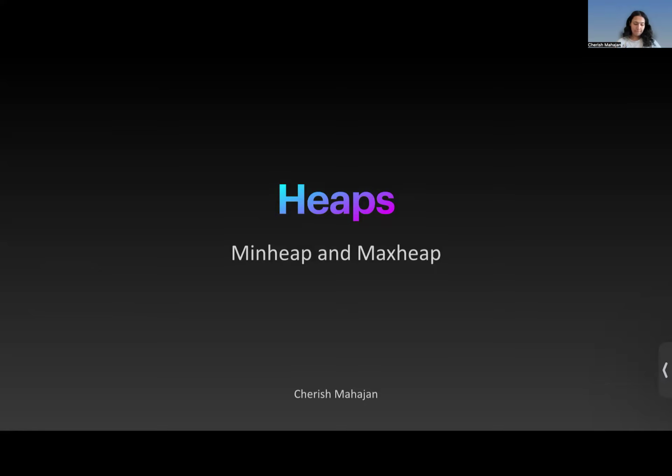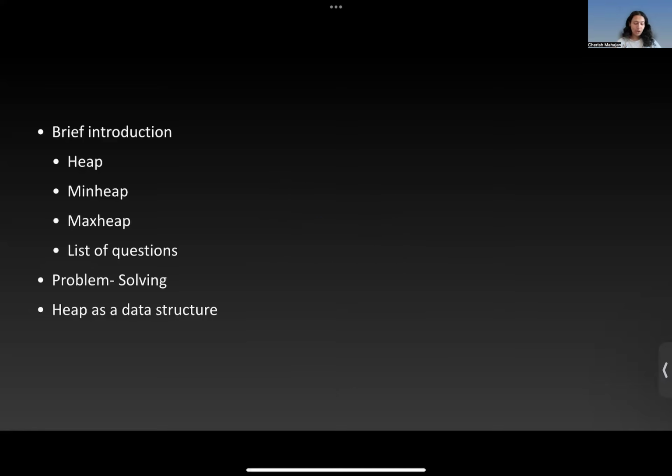So yeah, if I am to tell you how this is going to proceed, I'm going to start with a brief introduction on heaps that will only consist of the heap part that will be helpful in solving the questions. And then we'll go to the two types of heaps we have, min heap and max heap. Then we'll be solving the list of questions from a NeetCode sheet and from the Striver's SDE sheet.